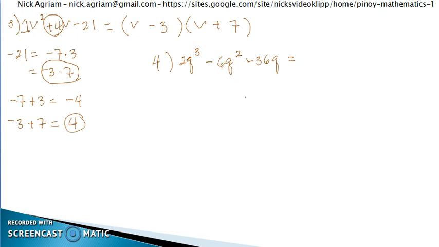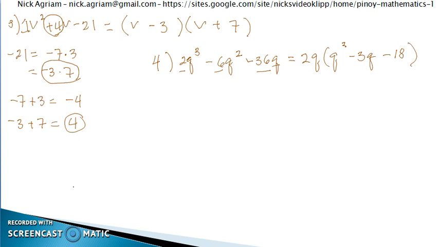If there is, then you need to put it outside the parentheses, like 2, because for 36 there is 2 there, for 6 there is 2, and for 2 there is 2. And then we have q everywhere, so that is q also. And the rest will be q squared, and then we have negative 3q, and then we have negative 18.